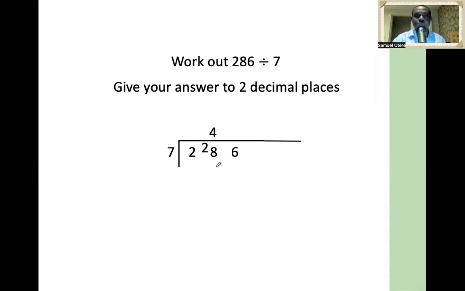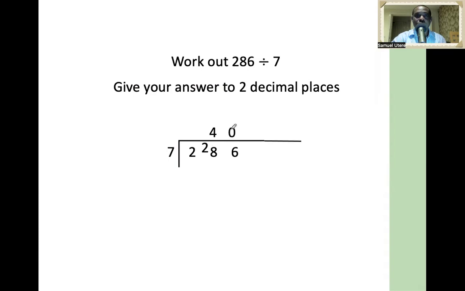Now we'll move on to the 6. We cannot divide 6 by 7, so we write a 0. Why do we write a 0?